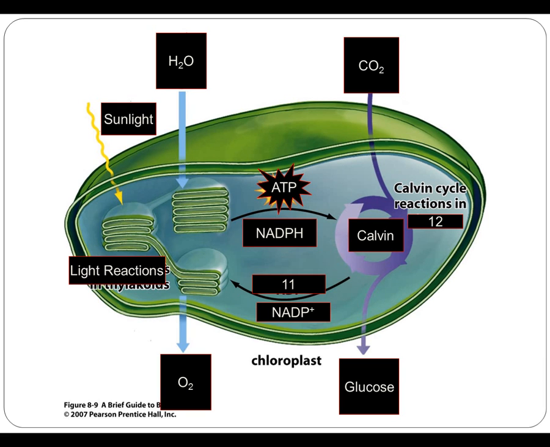NADPH is oxidized to produce NADP+. ATP is dephosphorylated to form ADP, adenosine diphosphate. These reactions occur in this chloroplast stroma.